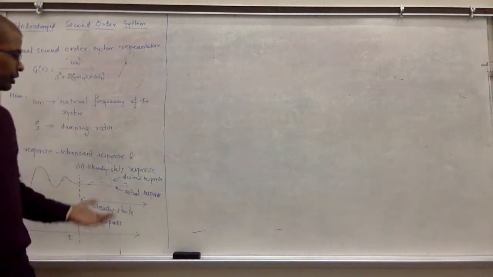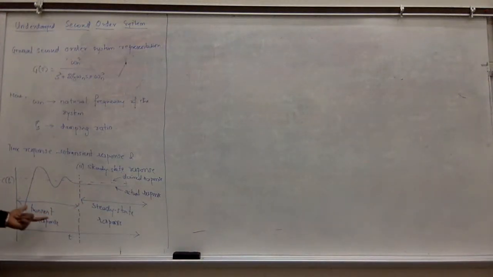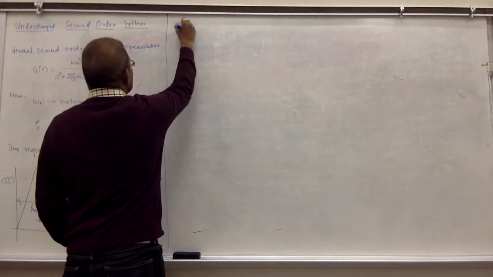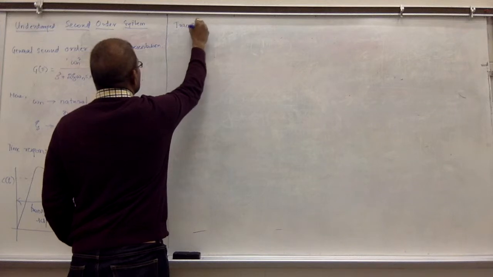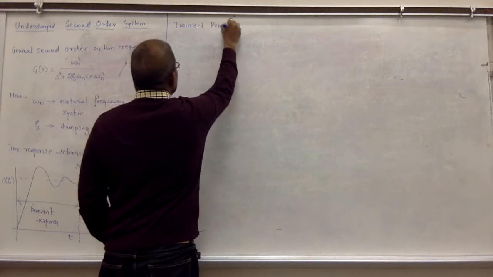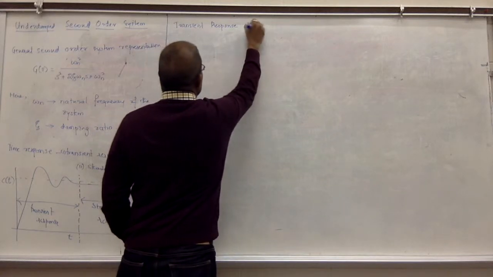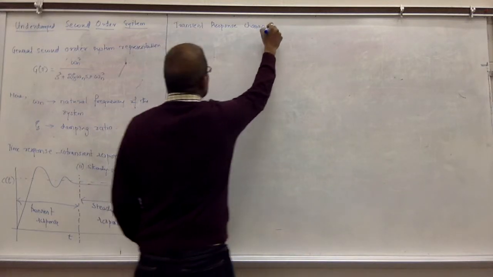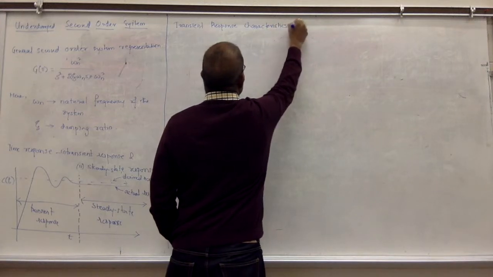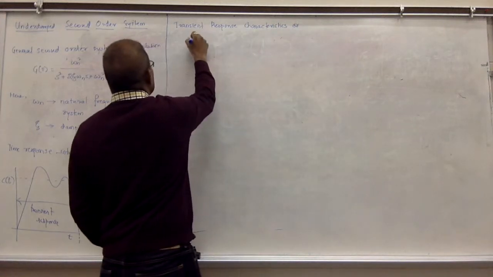So what we study here is transient response. As part of this chapter, we focus on transient response. And then we study something called transient response characteristics, or parameters.